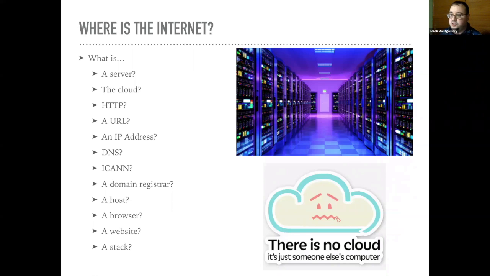DNS is the two items. I'm sorry, DNS stands for Domain Name Service, and when you type in a URL, that's your domain, and it's how the computer ties this IP address to this URL.